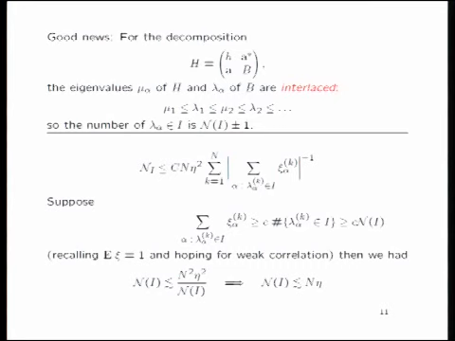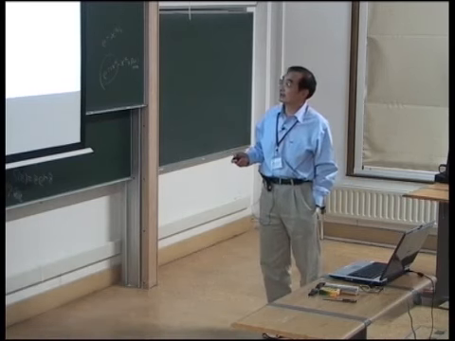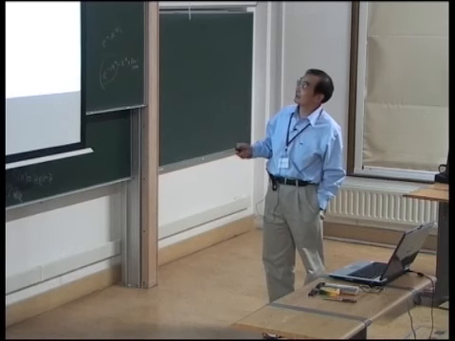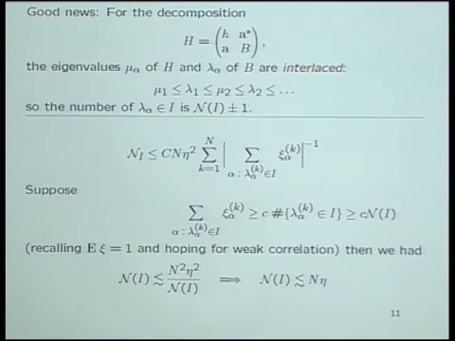And it doesn't really matter whether it's the number of eigenvalues for lambda or for mu, because they are interlacing, they are basically the same. Okay? So if this is correct, then the number of eigenvalues is bounded by n squared times eta squared divided by the number of eigenvalues. So you get the number of eigenvalues bounded by n times eta.